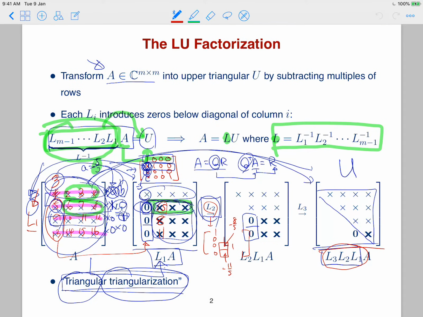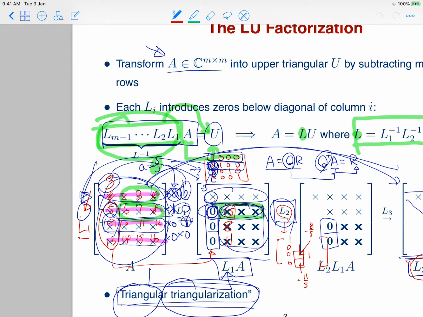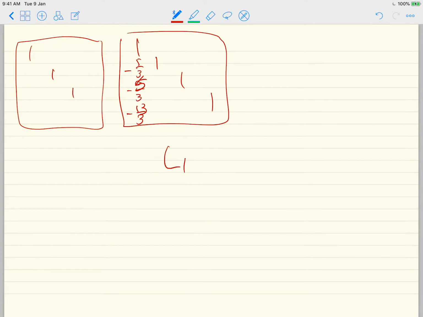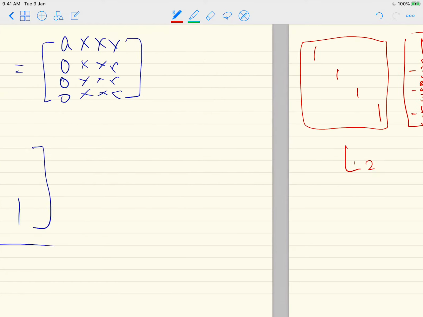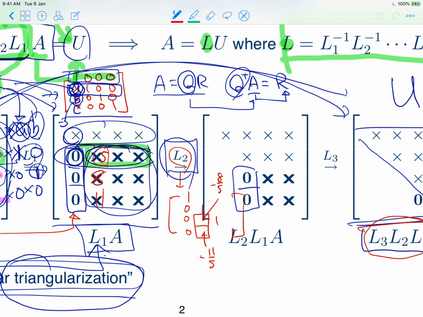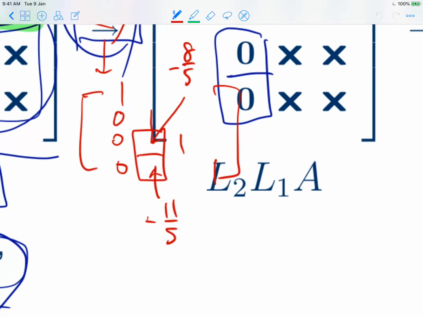So let's think of the first L, so this was L1, and then the next, L2 was, see, we are using these numbers.